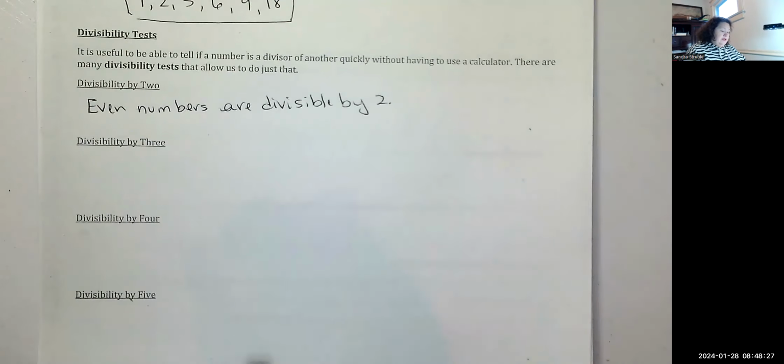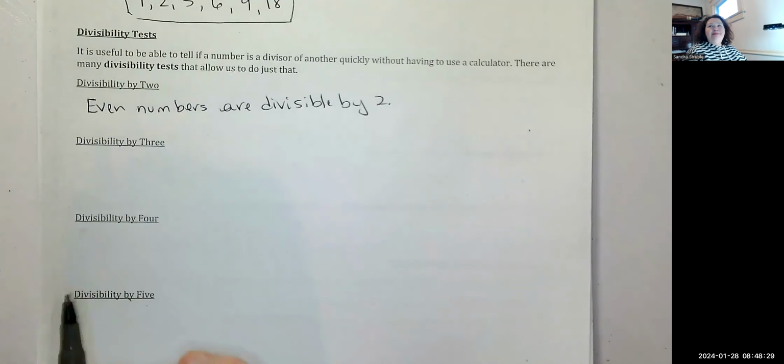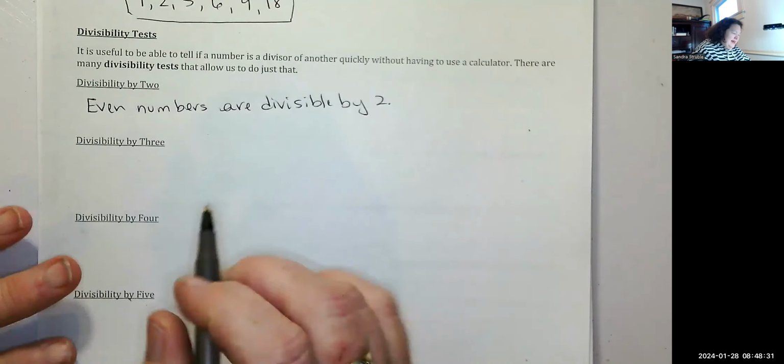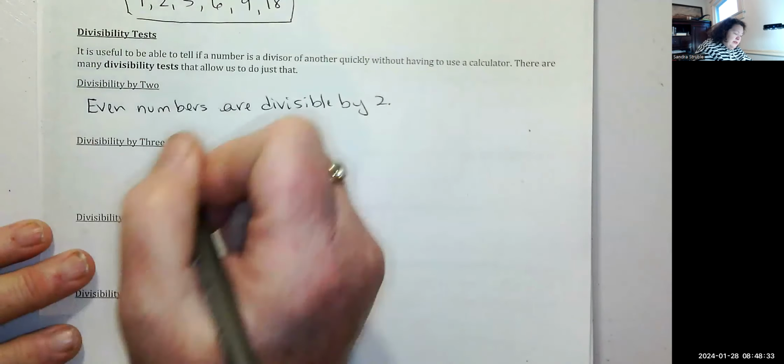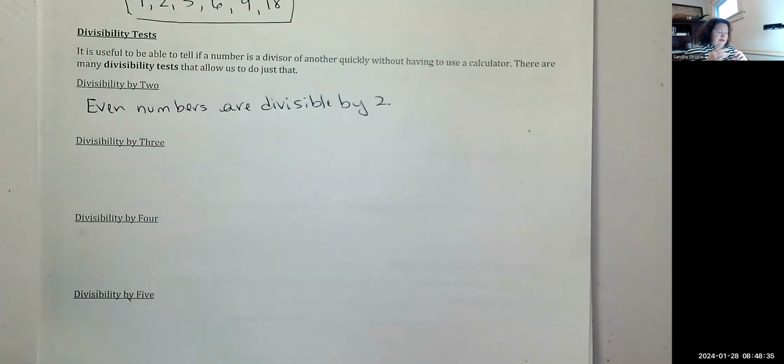Divisibility by 3: if the sum of the digits of a number is divisible by 3, then the number is divisible by 3.